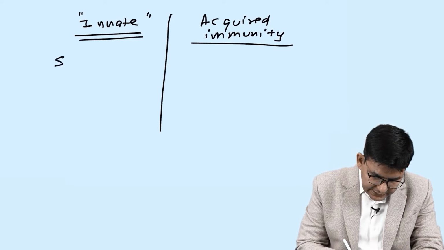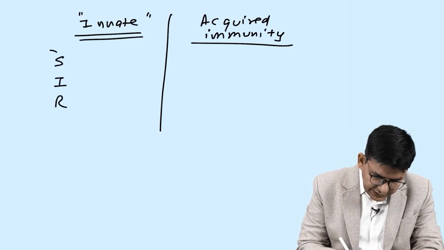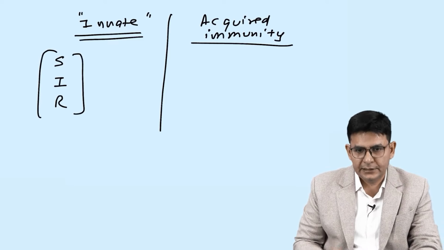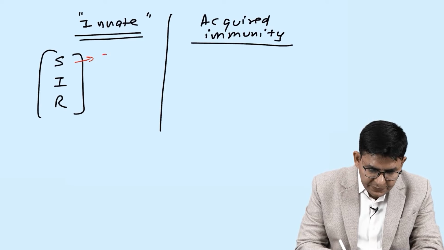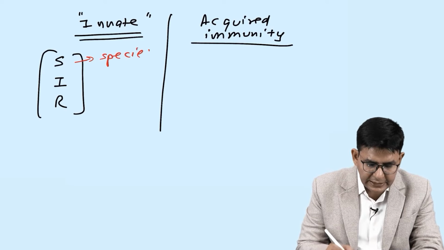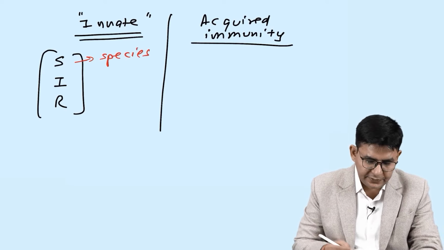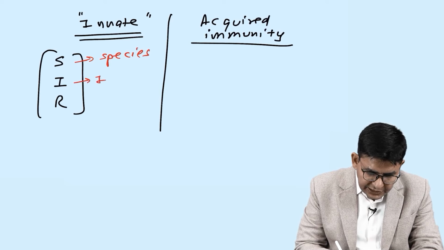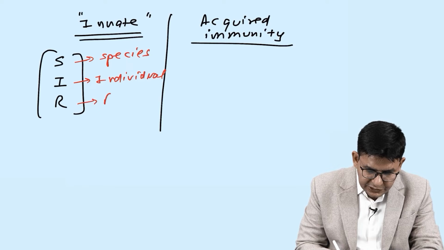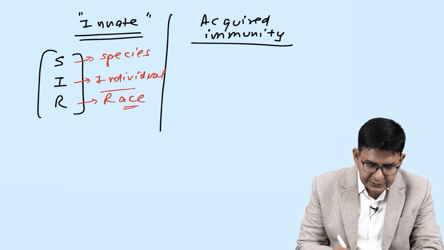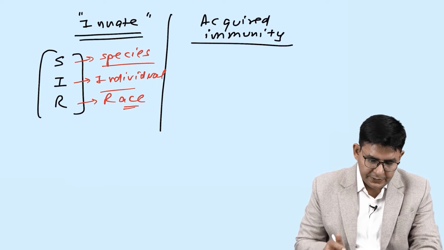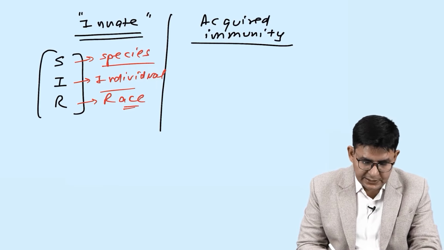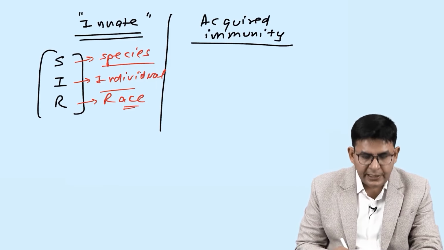And in this, you remember these three alphabets, SIR: to which species you belong, which is taken care of by innate immunity, to which individual parents you belong, and to which race you belong. These three things determine your innate immunity.